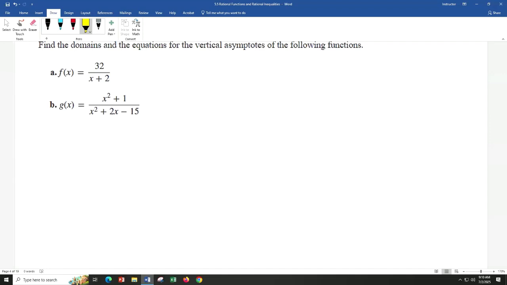Notice for this A, I would come in here and go, okay, I've got f of x equal to 32 over x plus 2. I know x plus 2 cannot equal 0, so x cannot equal negative 2. Y'all know what this graphs into. It graphs into that one that looks like this, one part going up, another part going down. I'm just going to give you the base graph on this one.